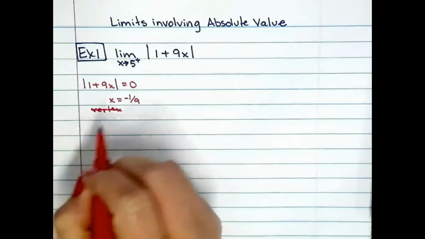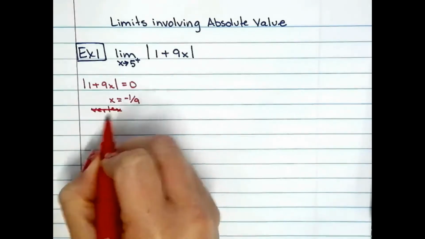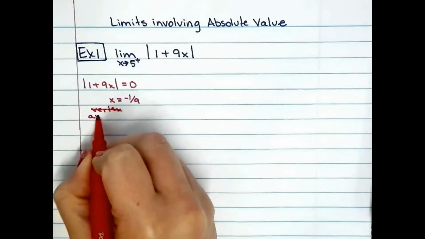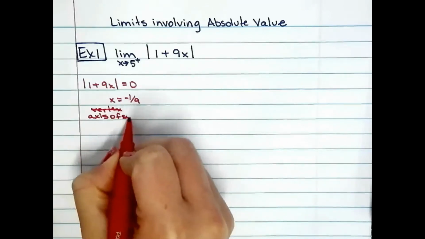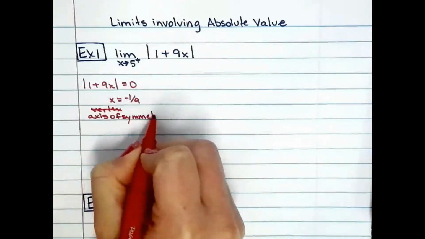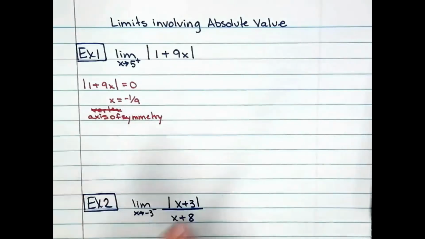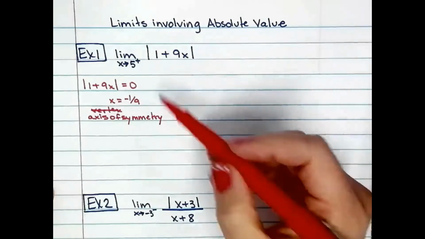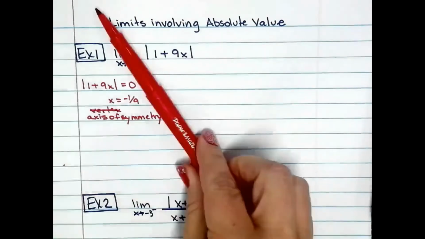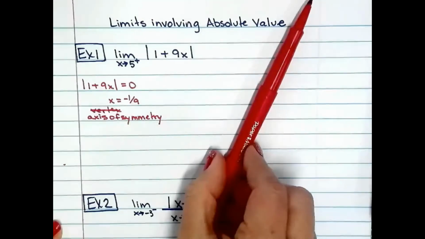But this is not important. What's important is this is the equation of the axis of symmetry. That's the spot where your function changes direction from the negative slope to the positive slope.